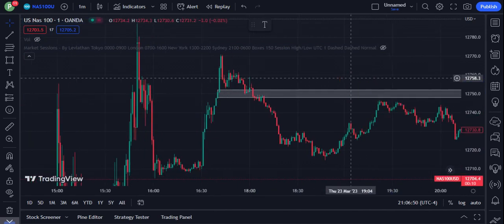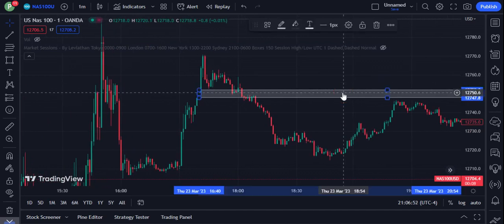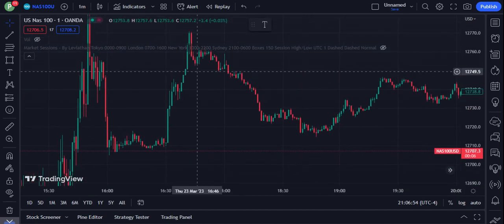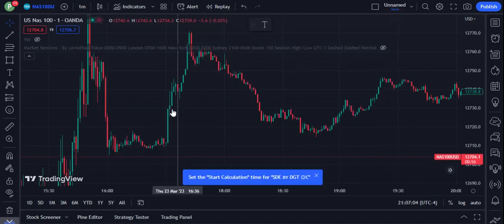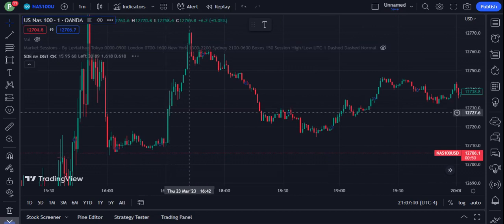So, how do you determine a real fair value gap that actually has a volume imbalance? What you want to do is go to Indicators, Supply, Demand, and Equilibrium Zones by DGTRD. Click it. Okay, drag it from the last candle from the imbalance to this candle.